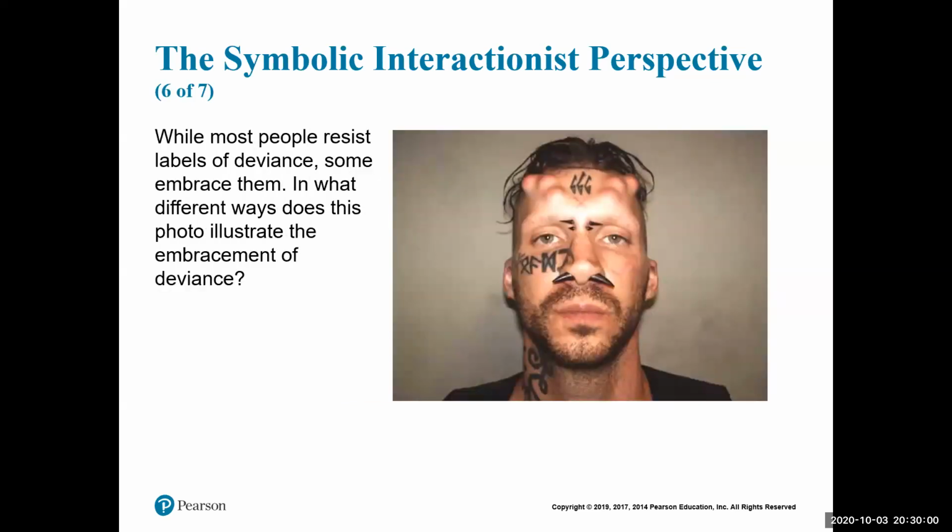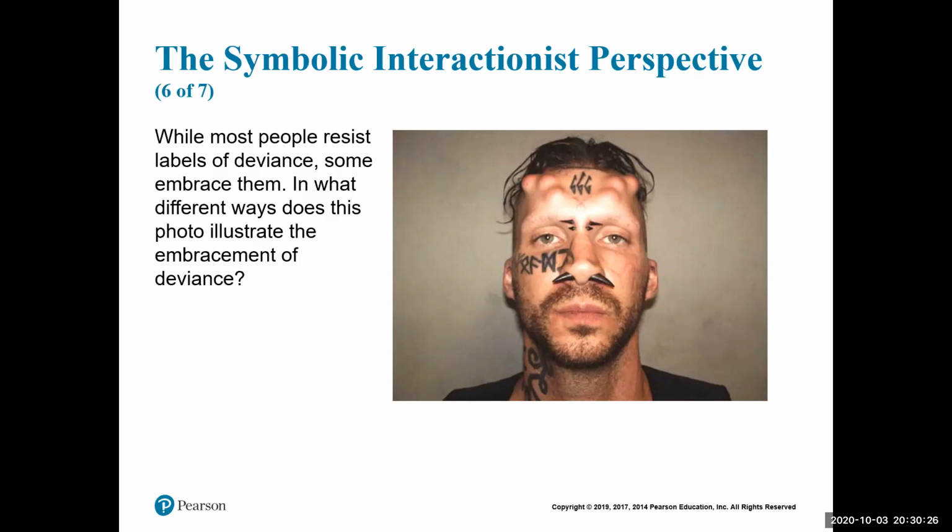While most people resist labels of deviance, some embrace them. If you have this label of being deviant all the time, oh, he's going to break the rules, oh, this is how he acts, they just start embracing it. They'll start changing the way they look. They'll start getting that symbolic side of things. They will do things to make sure their labels match their identity.